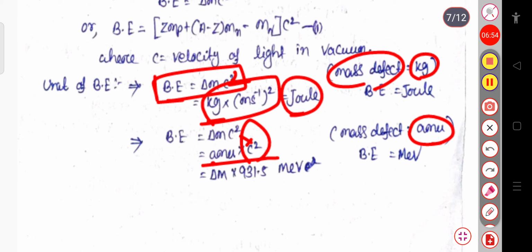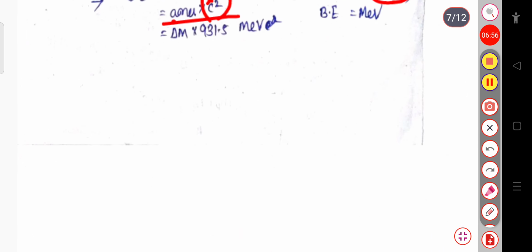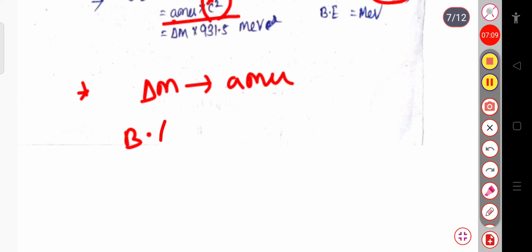Now just remember one thing: if the mass defect, delta m, is given in terms of AMU, and you have to calculate the energy released or the binding energy of the nucleus, you simply multiply delta m with 931 MeV.